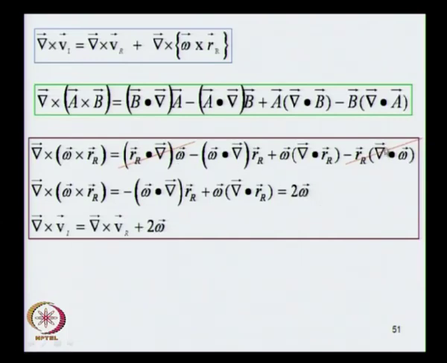Likewise, the differential operators with respect to space coordinates, when they operate on a constant angular velocity, this term will also vanish. So, the first term and the fourth term cancel out, and the remaining two terms, the divergence of this will give you 3. So, this is 3 omega, this will give you minus omega, and the result is 2 omega.